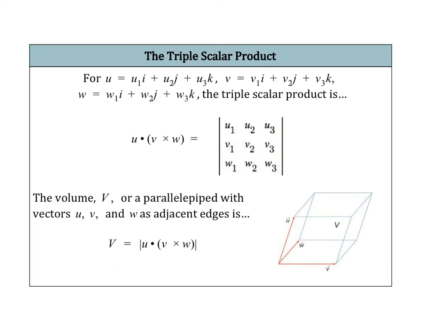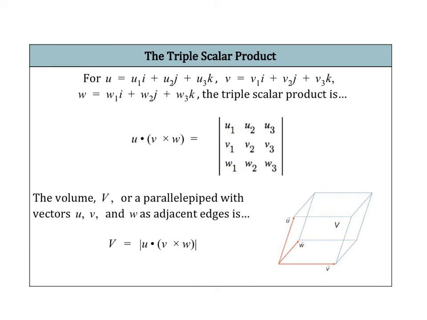Okay, the last thing we're going to do is talk about a new concept, which is called the triple scalar product. So this is if you have 3 vectors, vector u, vector v, and vector w. The triple scalar product, which you write like this, you can see it's actually a dot product and a cross product, can be found by taking the determinant of the 3 by 3 matrix that's created by using the coefficients of u, the coefficients of v, and the coefficients of w.